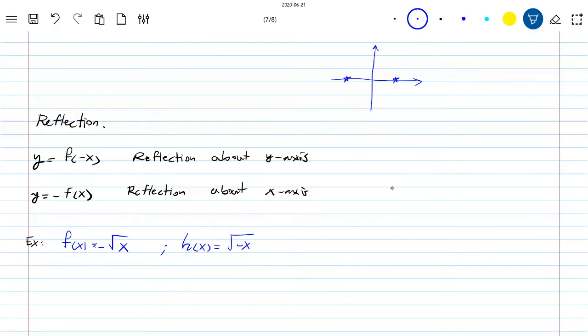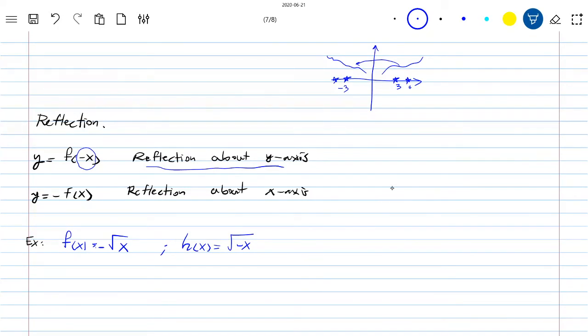If you have a 3, change it to -3, it'll go there. If you pick 4, multiplied by a negative number, it will move to the other side. If you have a graph on the right side, it will be exactly the same graph on the left side. So if you multiply a negative number inside, you're causing the reflection of the graph about the y-axis.